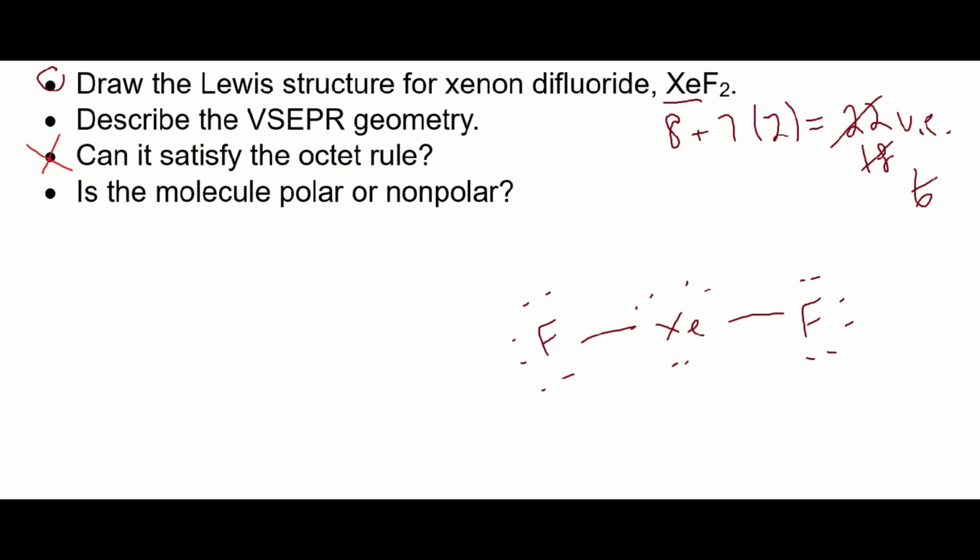So we just drew the Lewis structure. You can check out the formal charges. There's really no other way to draw this, but the formal charge on all of these is going to be 0.